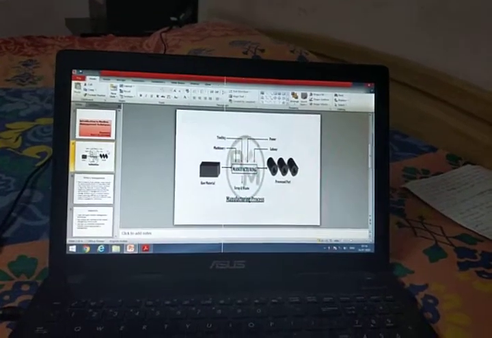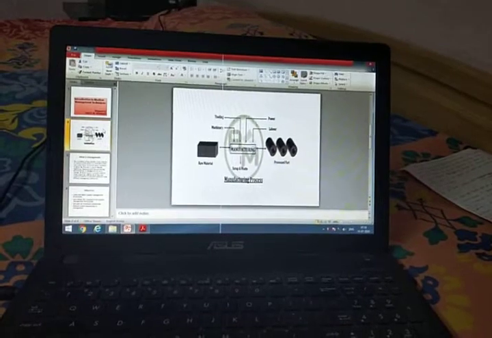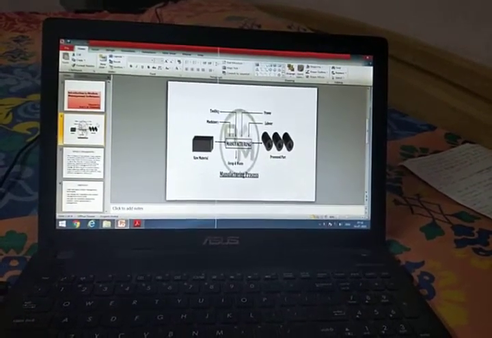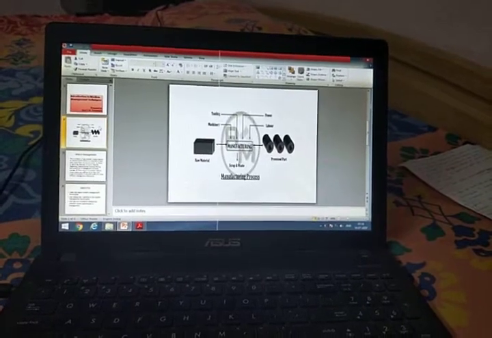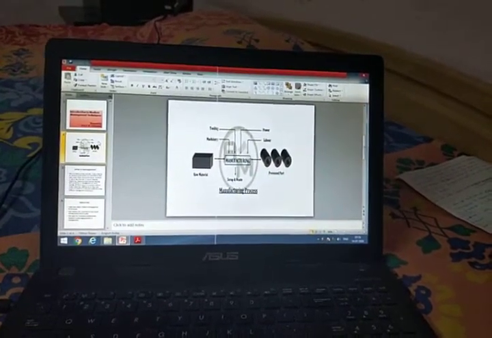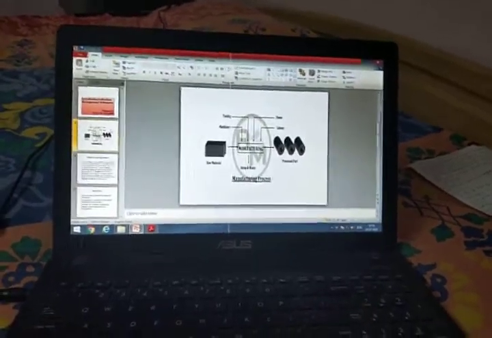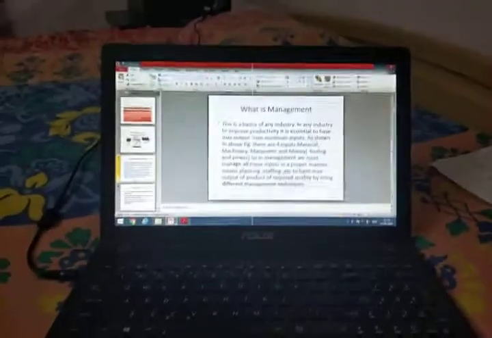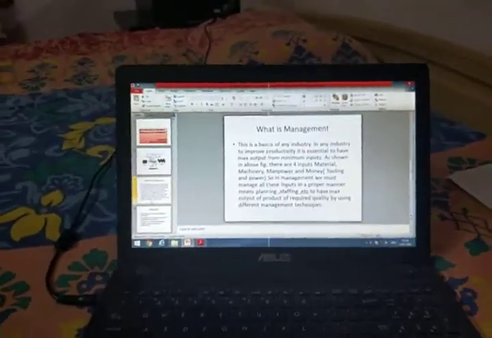These 4M's are going to be used as input, and that converts material into finished parts, correct? So this is the basic of any industry.